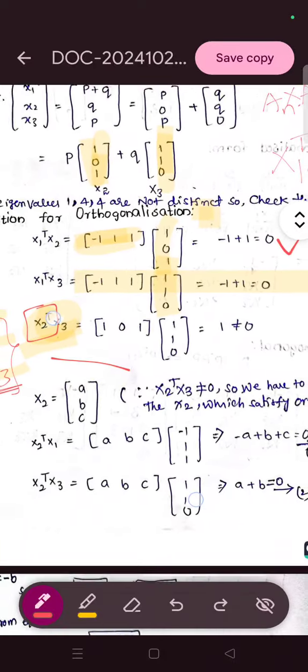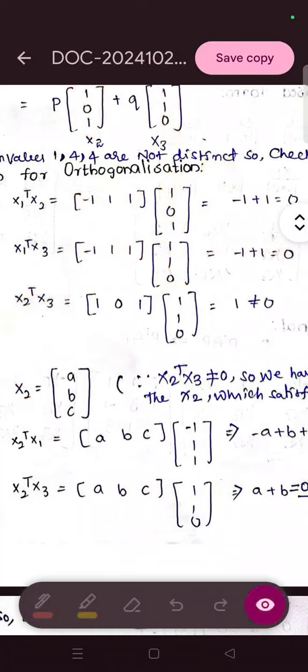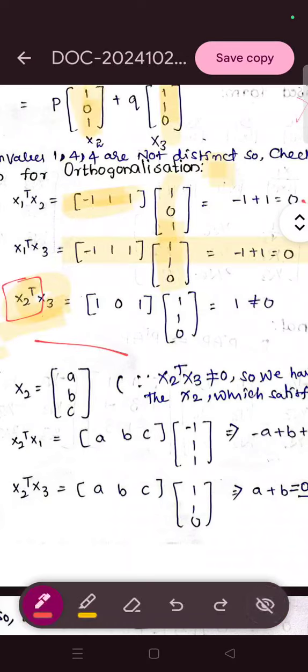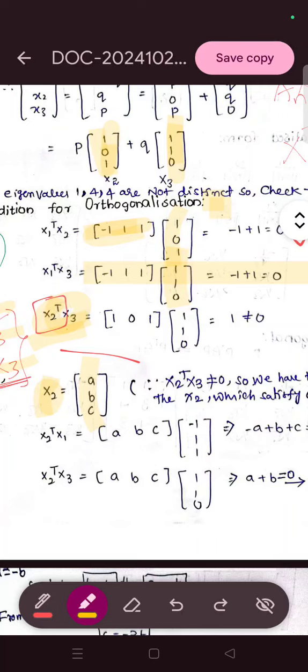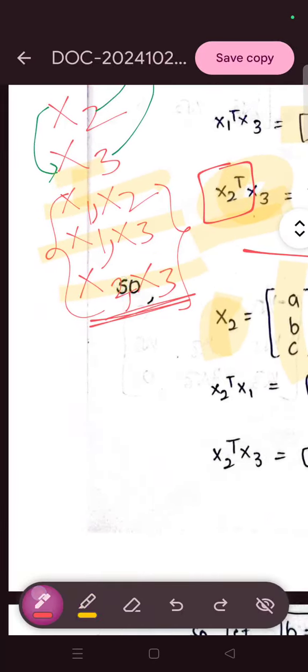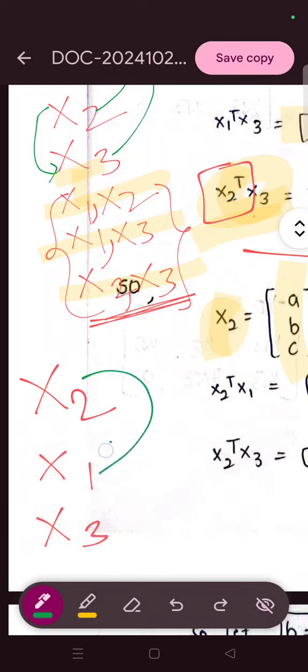So let's define a new eigenvector, capital X2 equals a, b, c. We have to check this x2 with x1 and x2 with x3.